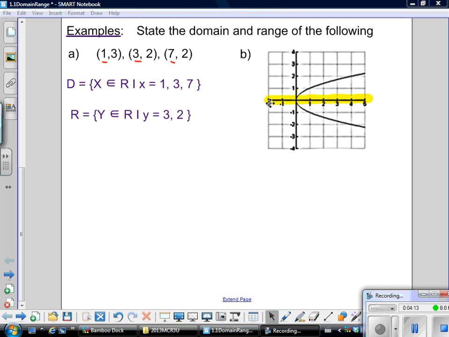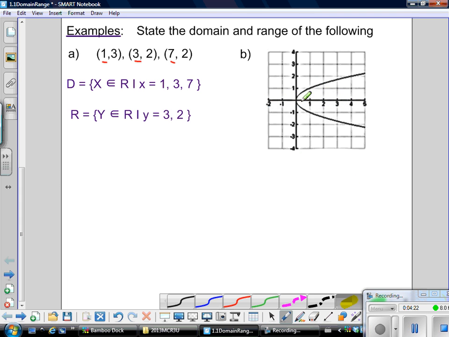Those values are in the negative part. So we can't have it in the negative part. When I highlight this time, you can see that the x values start here at 0 and they appear to be all greater than 0. So that is what my domain is going to be in this example.